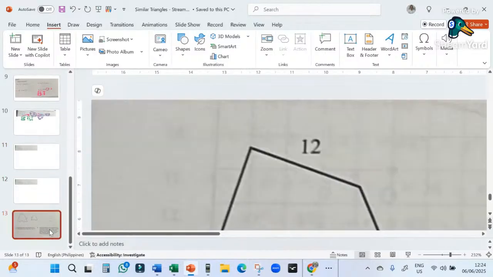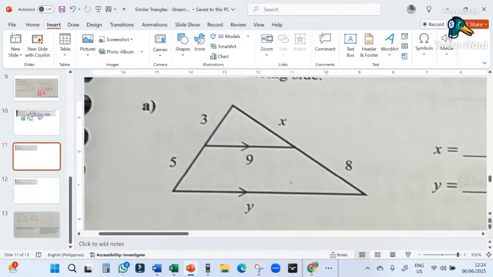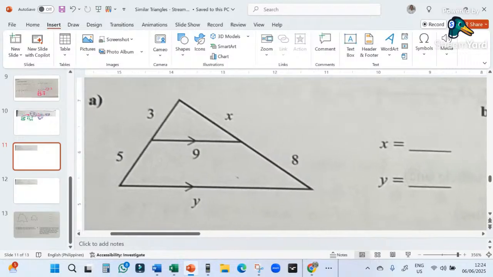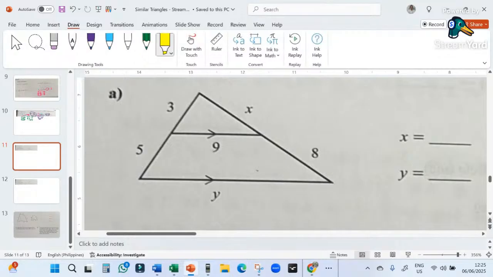All right, let's move to the first one here. We're going to find x and y as it says. Now, there are two triangles here. One is the small one on top, and there's a big one that inscribed the small one.